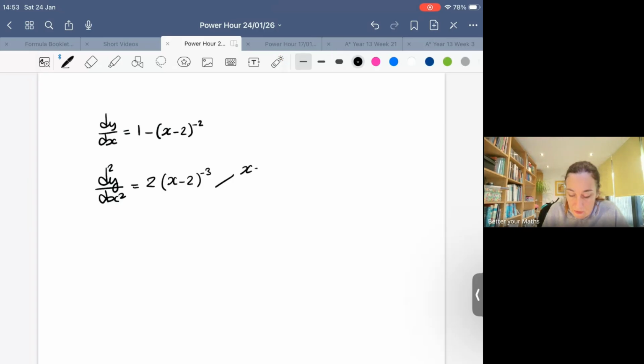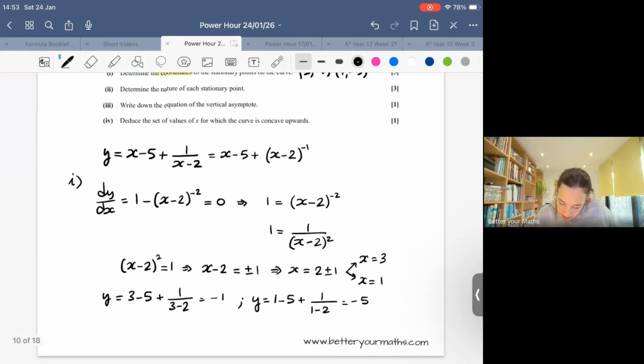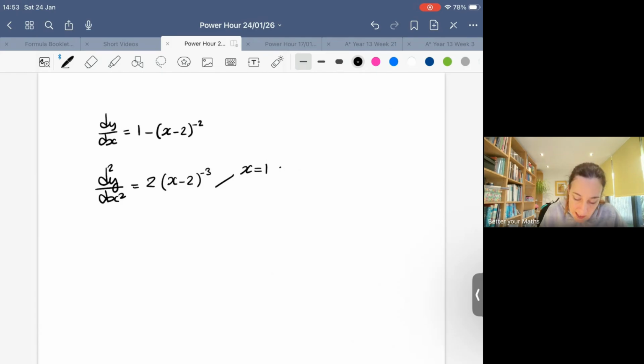So when x was, what do we have? 1 and 3, no? So when x is 1, my second derivative is going to be 1 minus 2 is minus 1, to the power of minus 3 is going to be minus 1, multiplied by 2 is minus 2, which is negative.